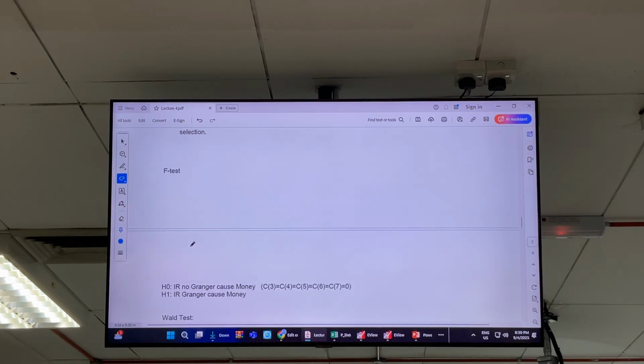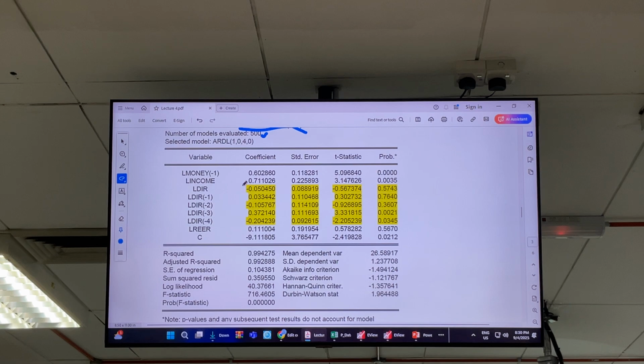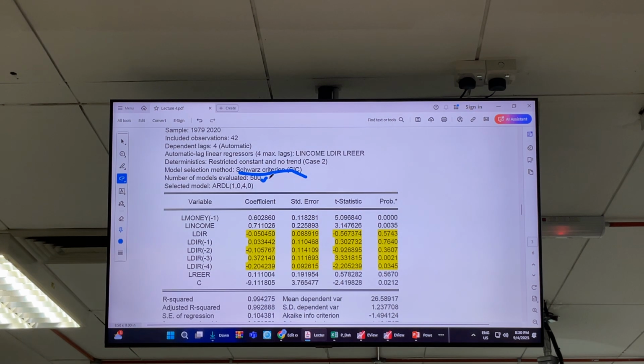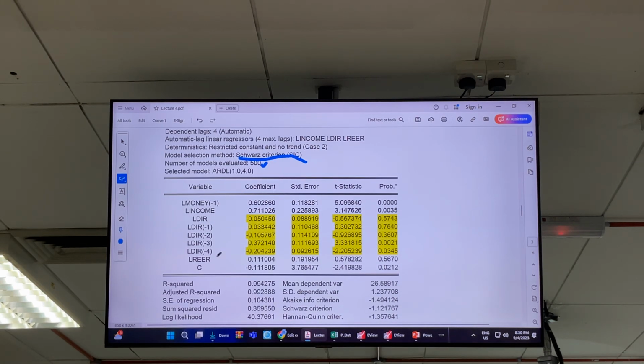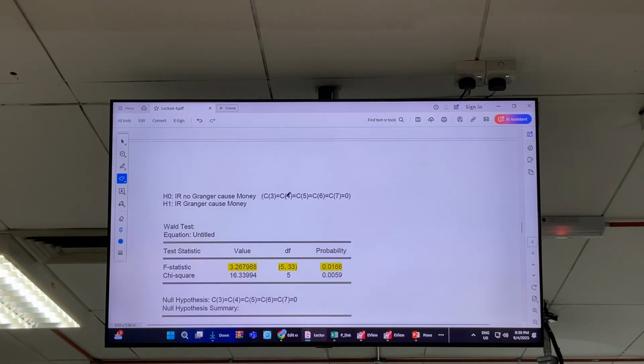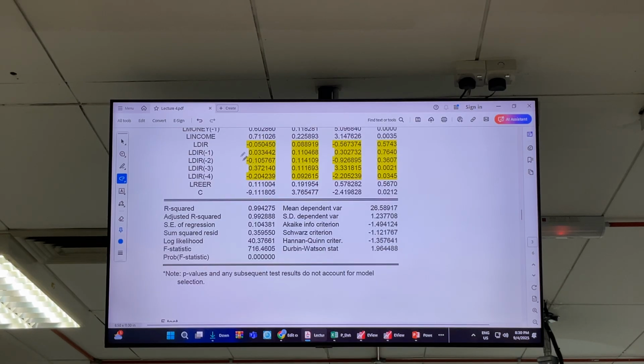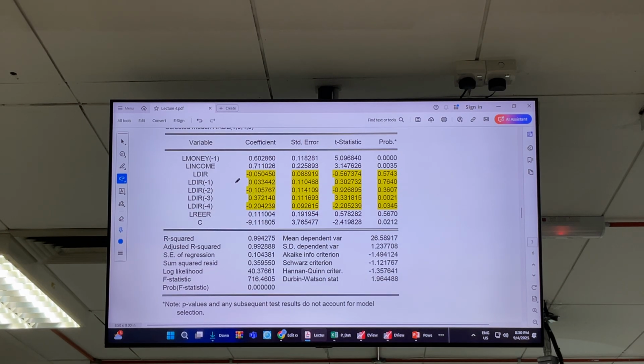So now I run this one, right? On the money equation, if they're equal to 0 versus not equal to 0, then there is a certain impact on the money.